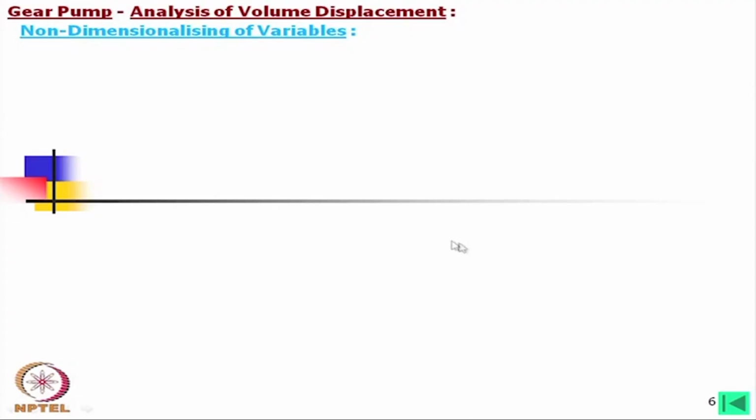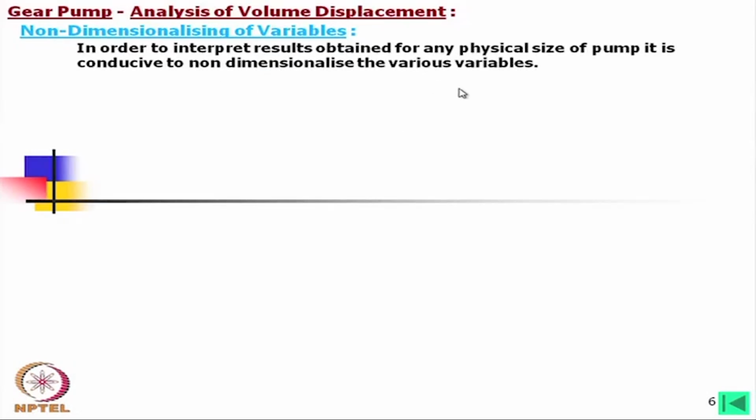Now, before going into the analysis, we have non-dimensionalized the variables. That is important, that we should understand how we have non-dimensionalized. Now, what is the benefit of that? In order to interpret results obtained for any physical size of pump, it is conducive to non-dimensionalize the various variables.